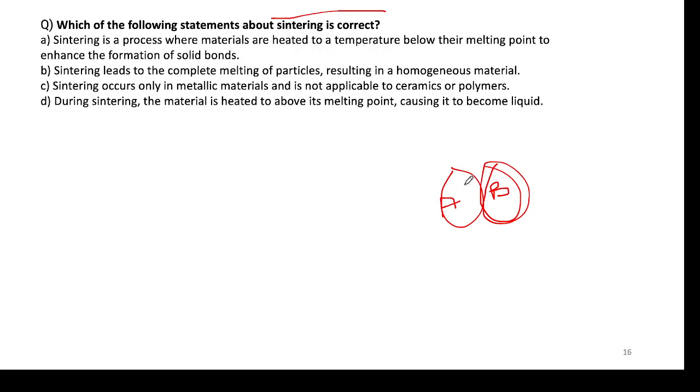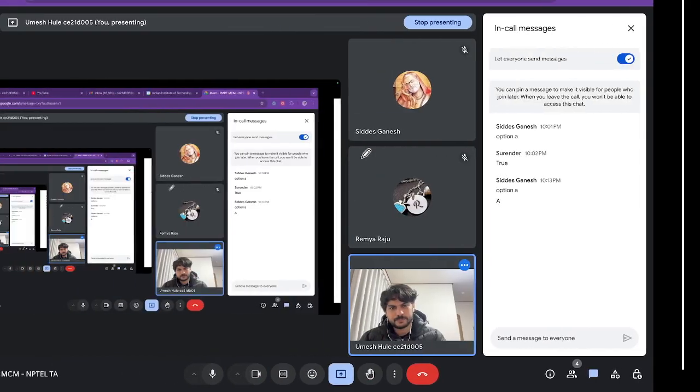Because of that heating, atomic diffusion may happen, and as I explained before, an alloy may form here and we can get a good atomic bond. So try to see where it fits from A, B, C and D.